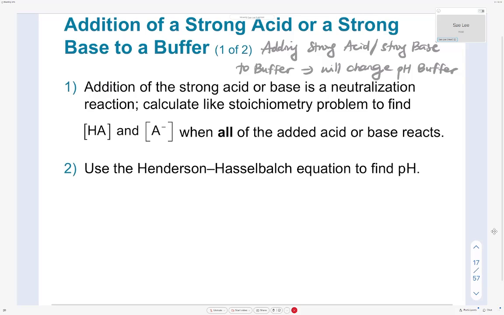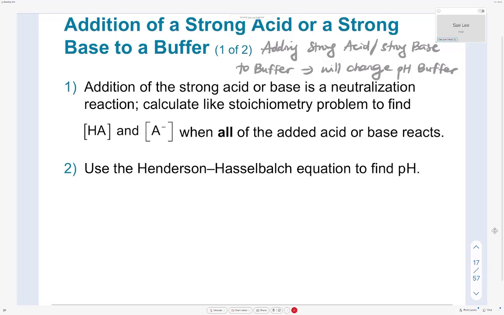The first thing you need to keep in mind is that the addition of strong acid or base to a buffer solution is a neutralization reaction. So we need to calculate like a stoichiometry problem to find the concentration of acid and concentration of conjugate base when all of the added strong acid or strong base reacts. And then we use the Henderson-Hasselbalch equation to find the pH.